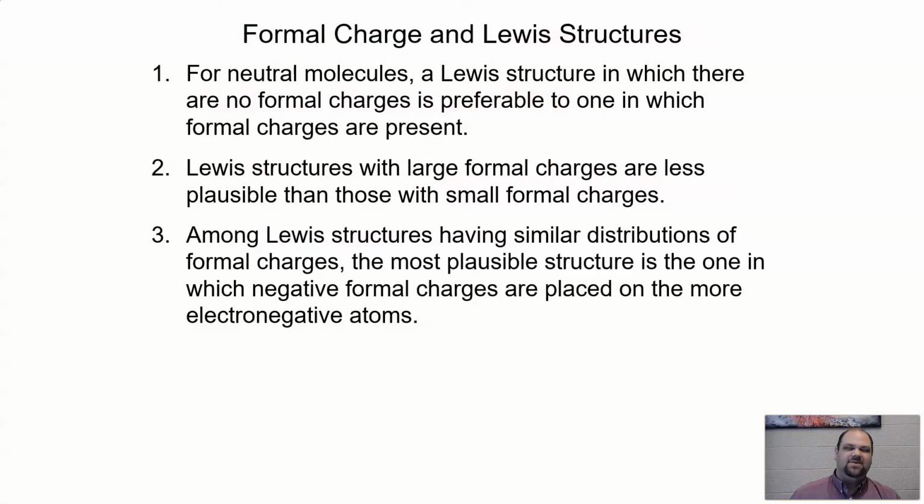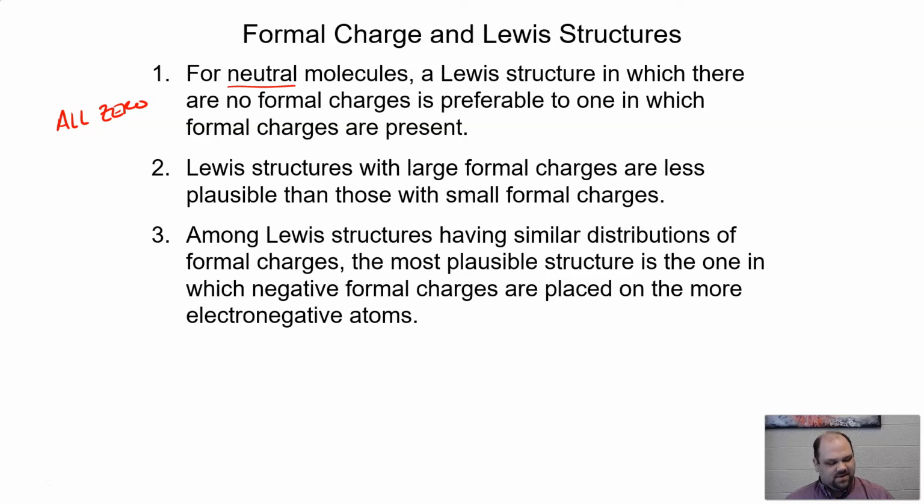So some things to think about when you do formal charges. As long as we have a neutral molecule, the Lewis structure where there are no formal charges, that's all 0, is preferable to one where you do have non-zero formal charges. Again, that's for a neutral molecule. Generally speaking, the larger the formal charge, the less likely that Lewis structure is to be very good. That's point 2.